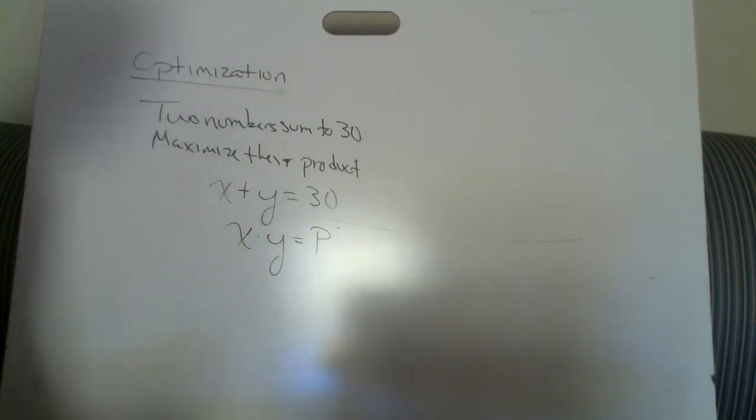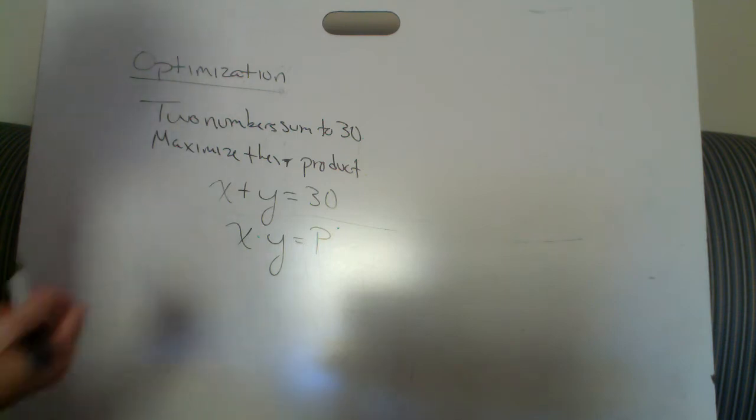Great. And now here's the trouble. You'll notice that we have two different variables. Anytime you have two variables, equations can be very complicated to solve. So what we'll do is, just like what we did in Algebra 2 when you were solving systems of equations, we're going to solve for one variable in terms of the other one, and then substitute that into the second equation. This way we'll create an equation with just one variable.